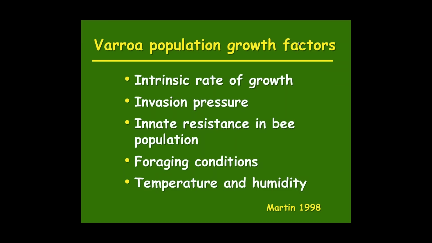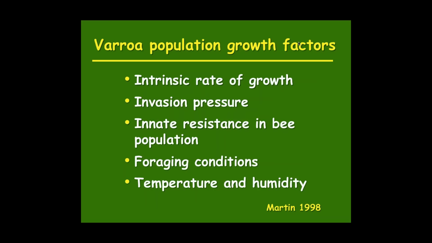We need to discuss the issue of invasion pressure. You can pick up hundreds or even thousands of mites in a day when colonies around you are crashing with Varroa if your bees rob them out. We can talk about the innate resistance in bee populations and what people are doing with that.